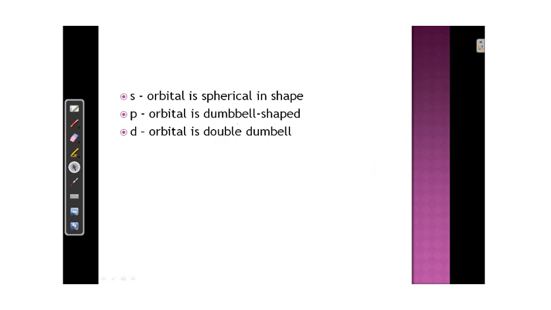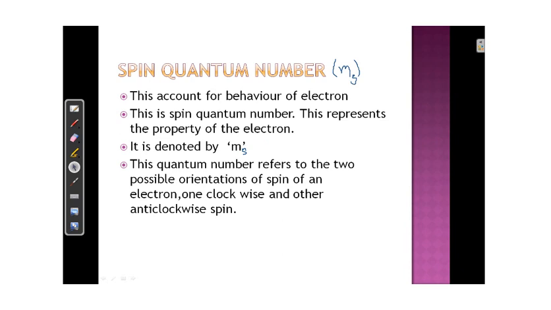The last is the spin quantum number, denoted by ms, and this spin quantum number accounts for the behavior of the electron, and this represents the property of the electron. This quantum number in particular refers to the two possible orientations of spin of an electron.